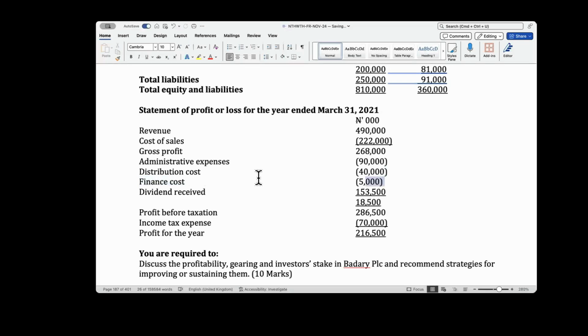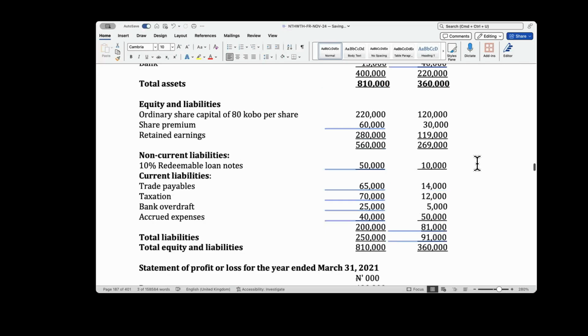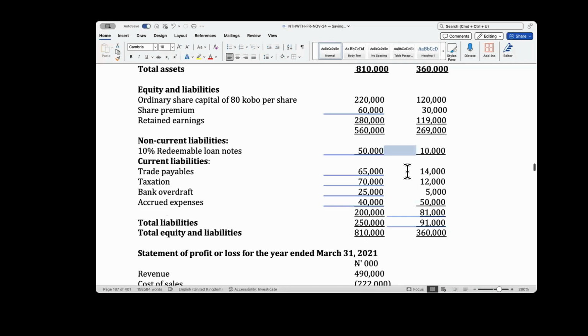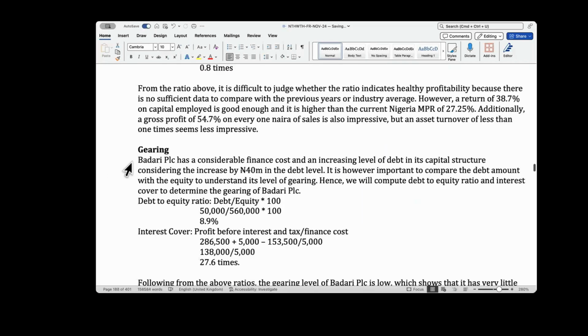I can't say whether it's good or bad because there's nothing to compare it with. But on going to the statement of financial position, I saw this sharp increase in loan notes. That means there's an increasing gearing level. That informed my opening statement.